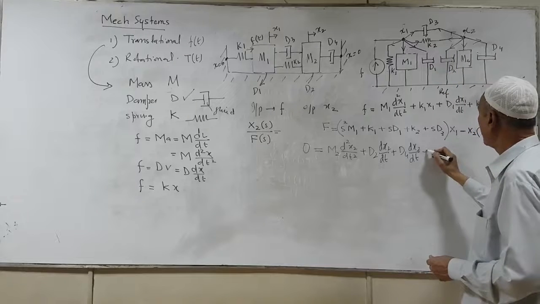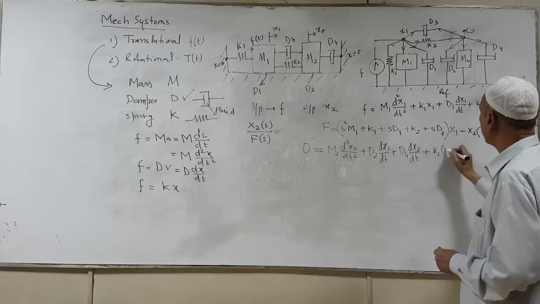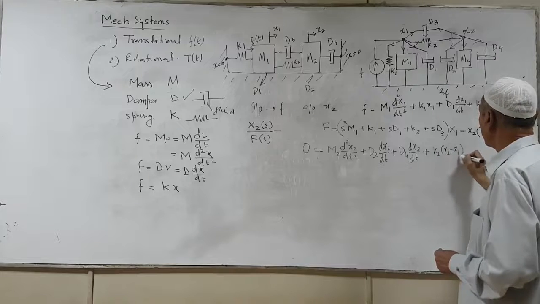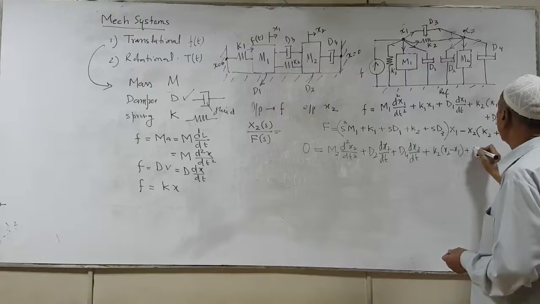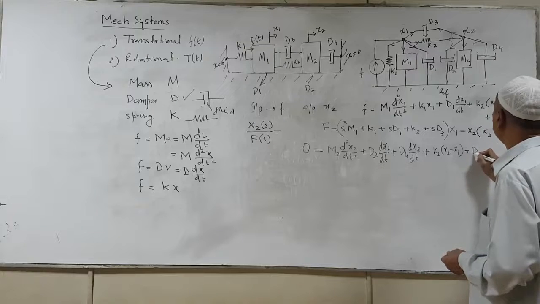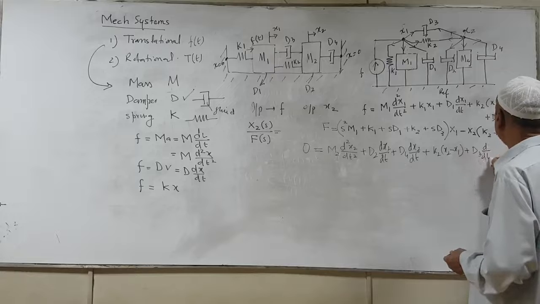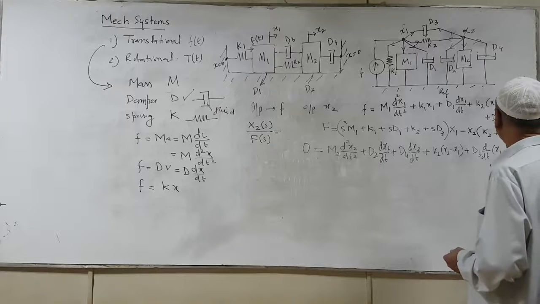So we have plus k2. In this case we will have x2 minus x1, just like in the electric circuits, plus d3 d by dt into x2 minus x1.